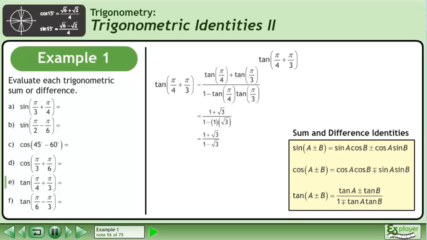Simplify. Multiply by the conjugate of the denominator. Expand. Collect like terms. Reduce to get negative root 3 minus 2. We have now found the exact value of tan 7 pi over 12.